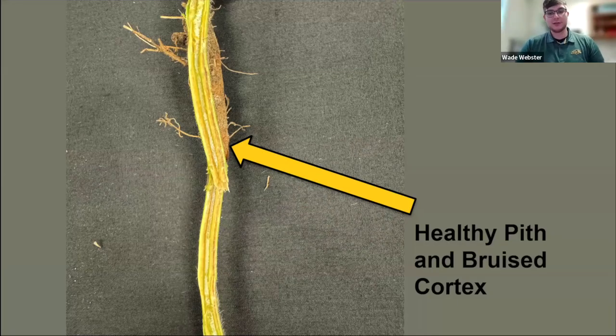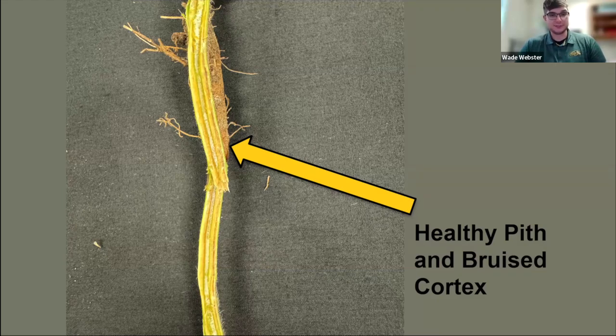Now, I mentioned earlier that there are some other diseases that can cause similar symptomology, this interveinal chlorosis and plant death. But one of the differences here is when you split that stem. Okay, you can see this is SDS, and SDS has that brown cortex, but that white pith, the very center of that soybean stem, is very white. Okay, that is not rotten.